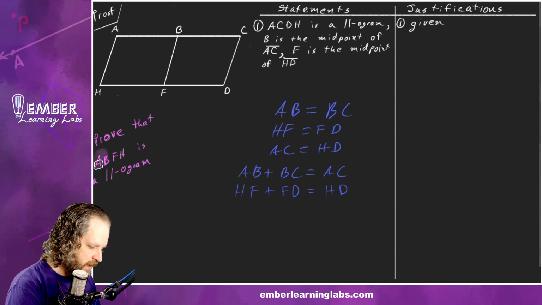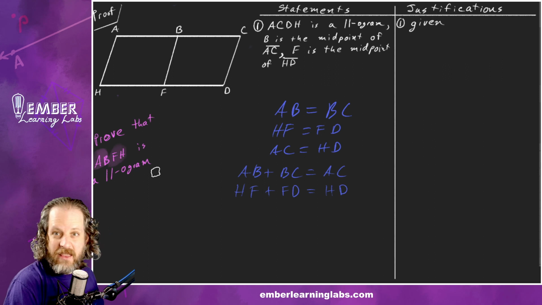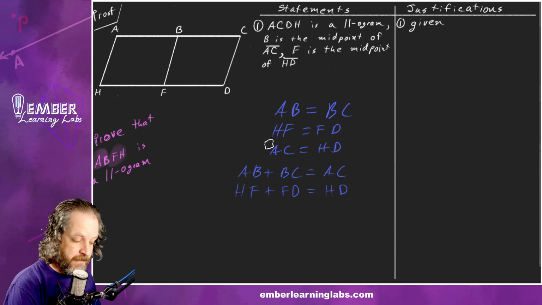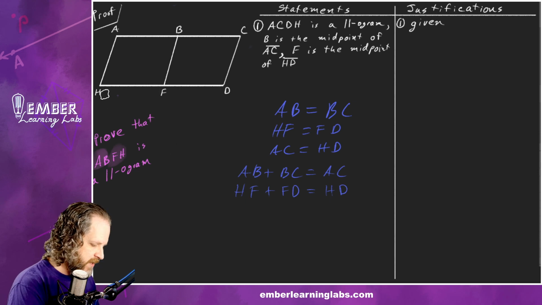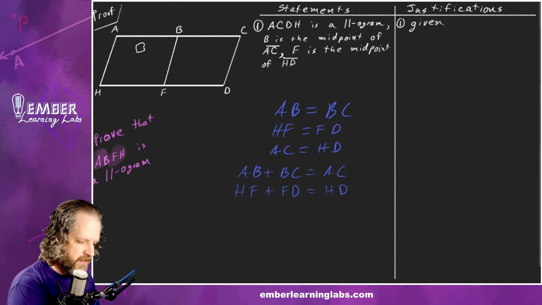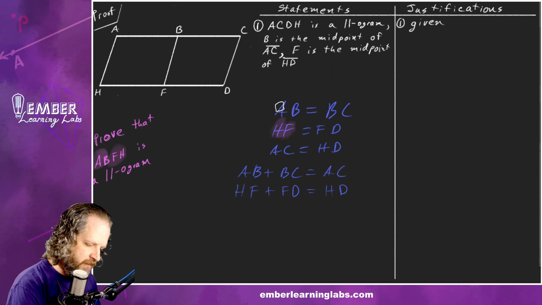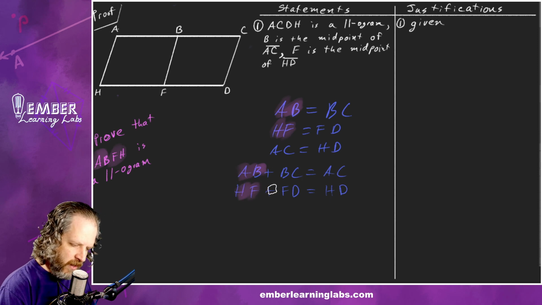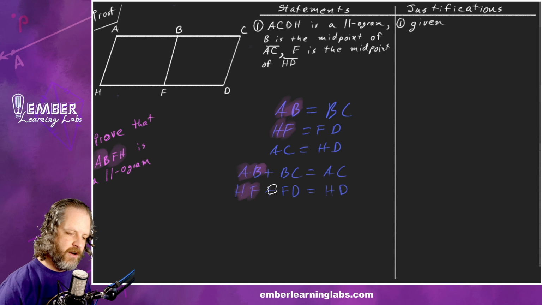I need that for my proof. So let me find in pink, where are ABs and HFs? FH is this one and that one. So I've got this one and that one, and I've got it again right here and right there.